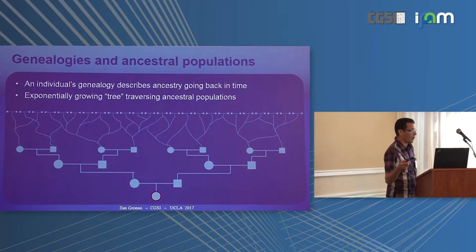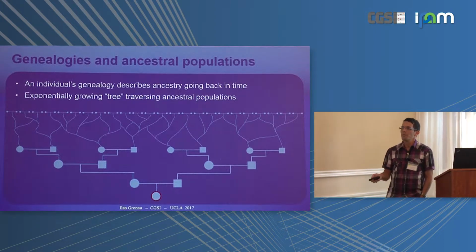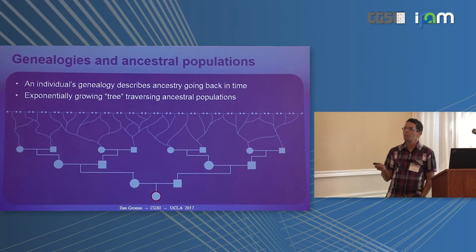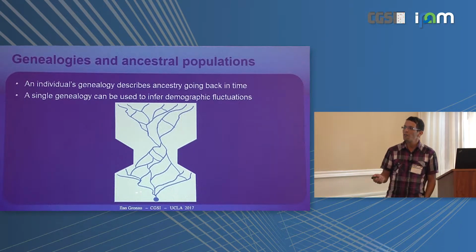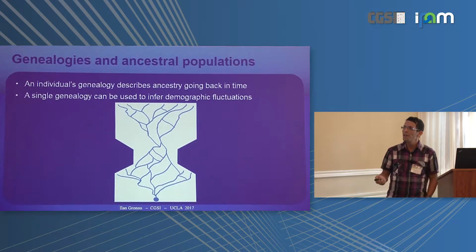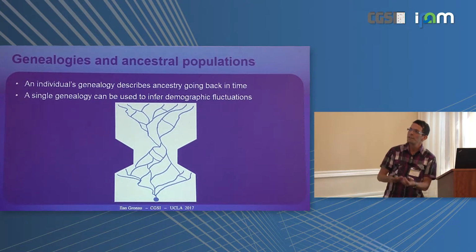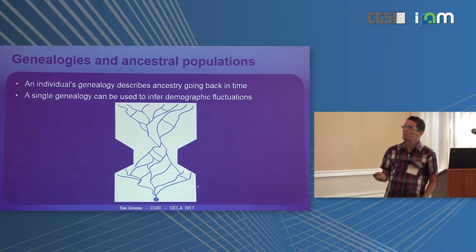So why are genealogies very useful for reconstructing demography and population history? Even if you have the genealogy of a single individual, because it traces through many individuals in the ancestral populations, just by looking at the genealogy, you can see certain demographic events that influenced the ancestral population.